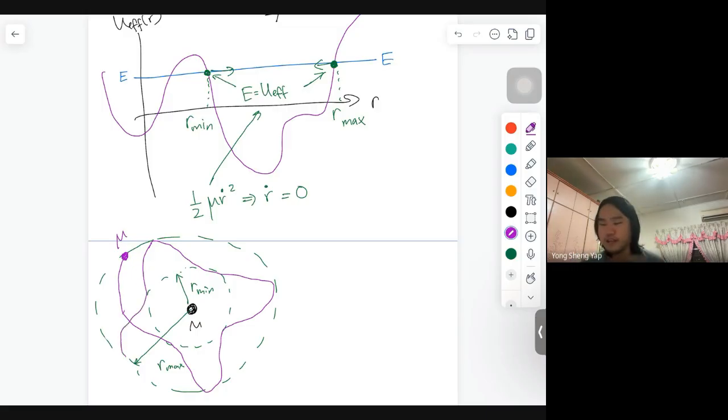So it must oscillate between the circle of minimum radius and the circle of maximum radius, and this allows some bounded motion.